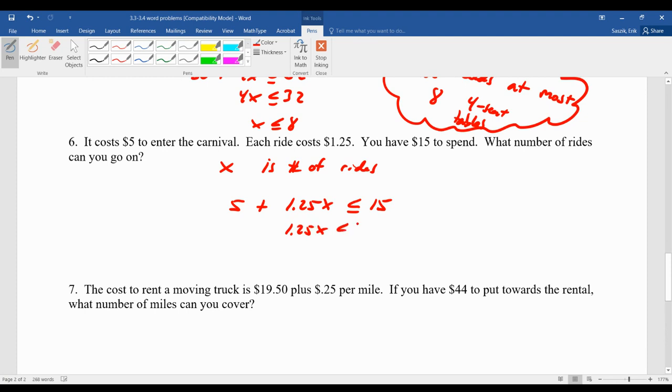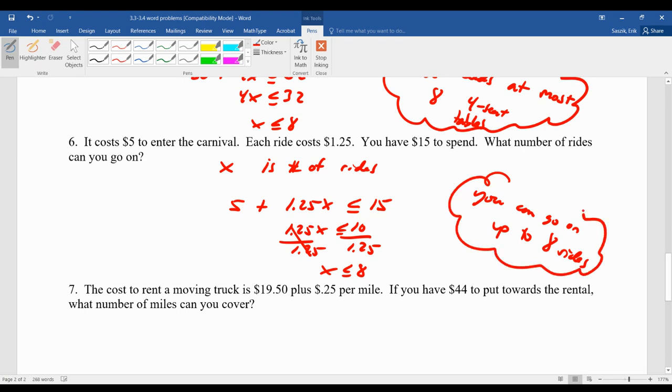Subtract the 5. Use your calculator here to divide by $1.25. And you get X is less than or equal to 8. So you can go on up to 8 rides.